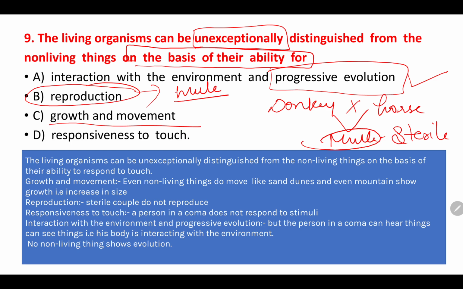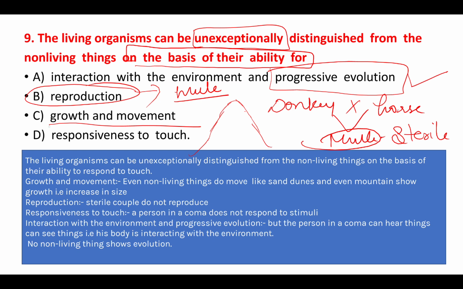Next, growth and movement. When it comes to growth, even non-living things do grow. Even mountains show an increase in size year after year. Some mountains keep growing when snow falls, and that snow is nothing else but non-living things, right?